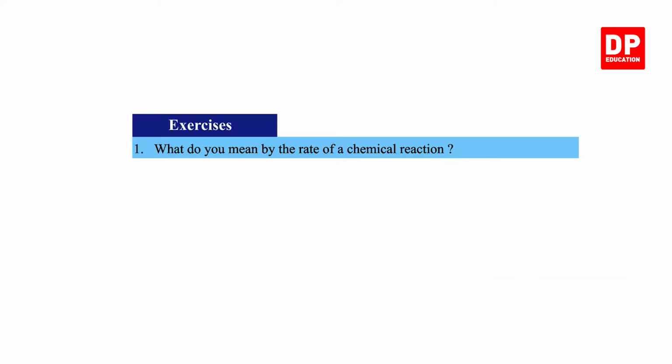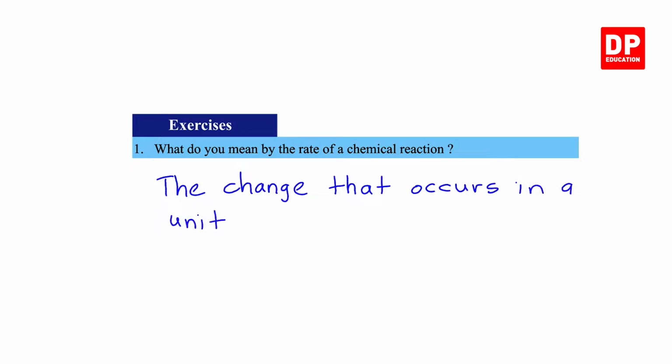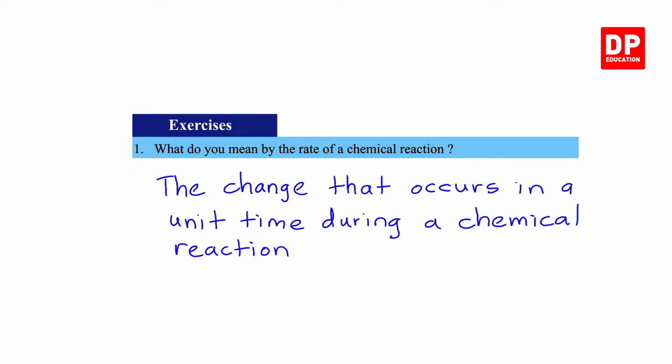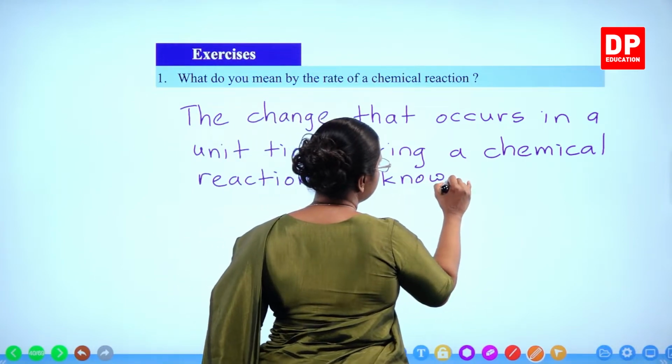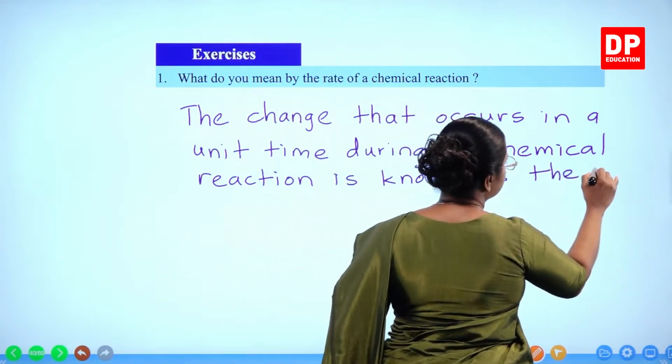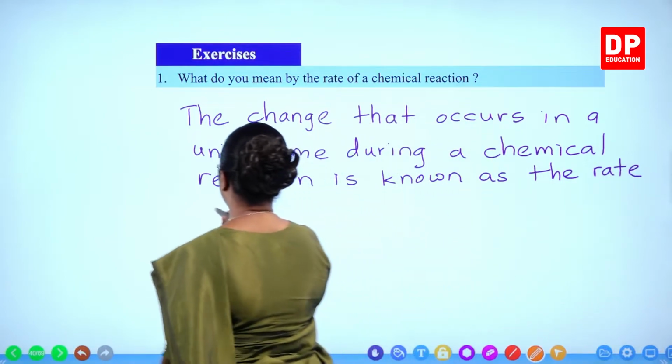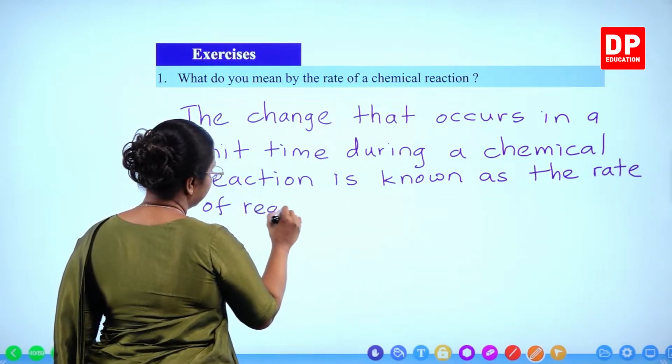So we can say the change that occurs in a unit time during a chemical reaction is known as the rate of reaction.